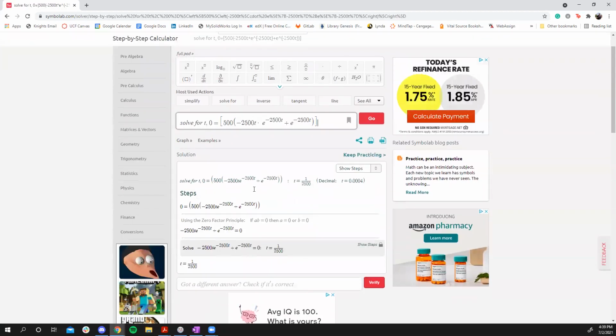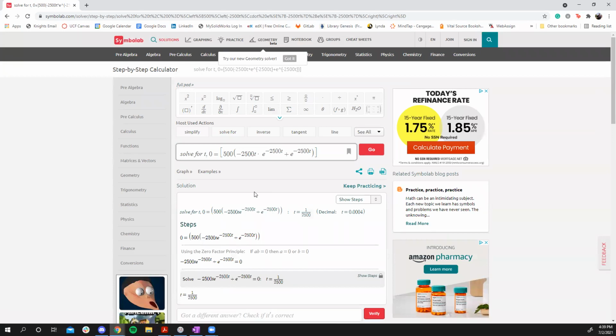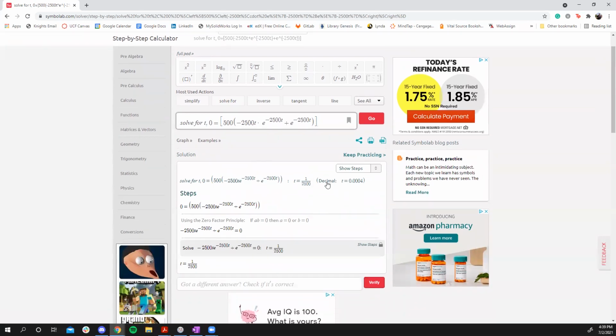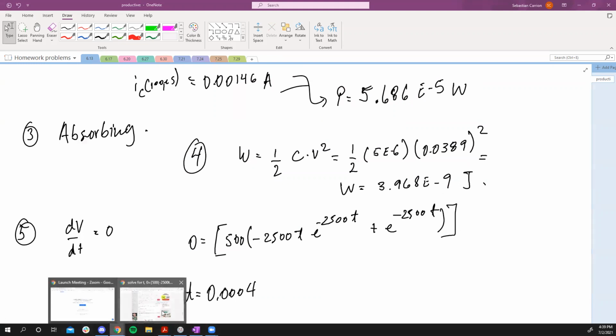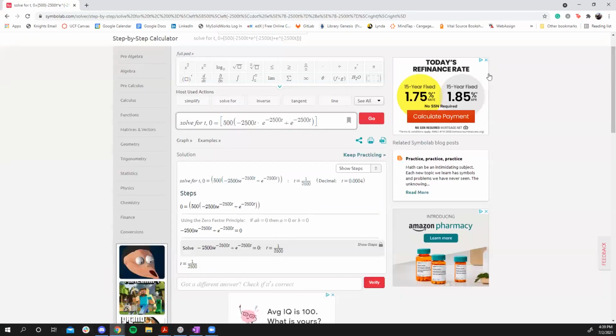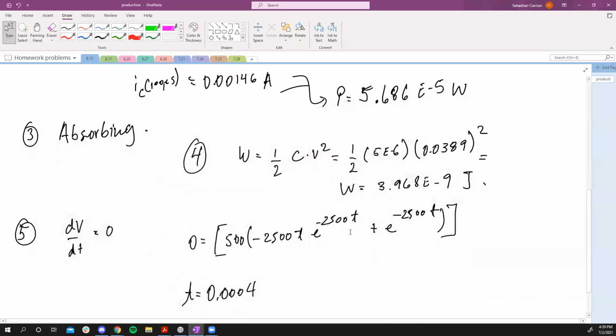Okay, it's telling us that our t is going to be 0.0004, I believe. t could also be 0, but making t 0 would make everything 0.